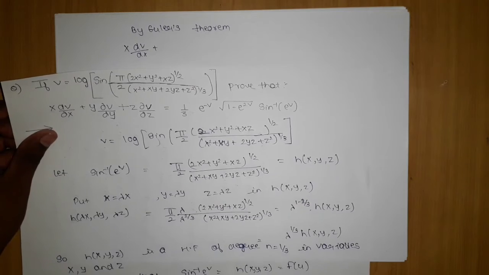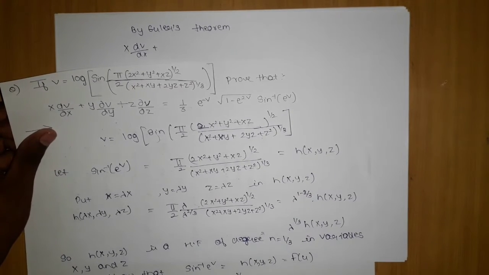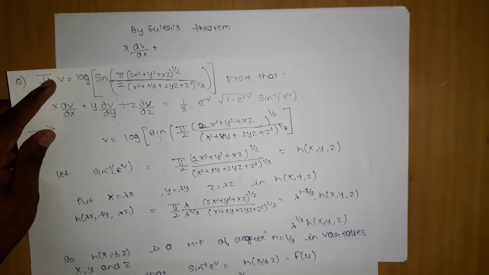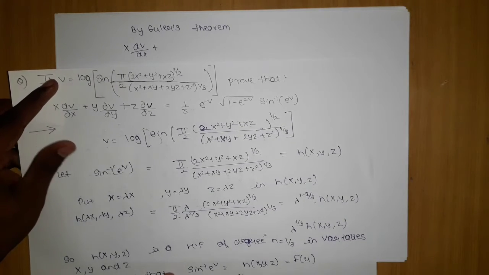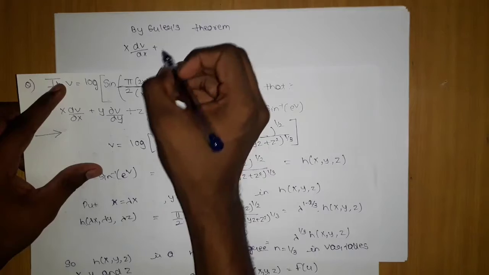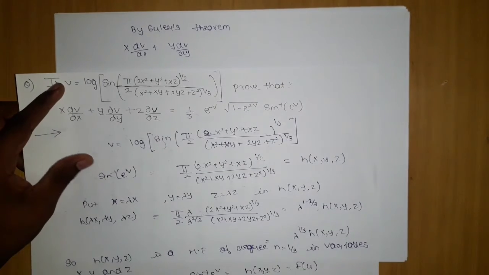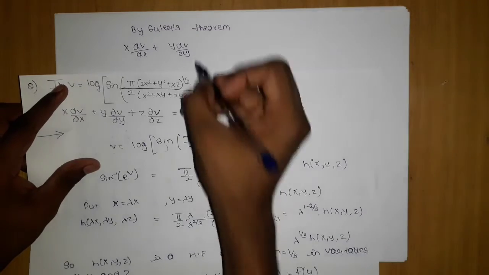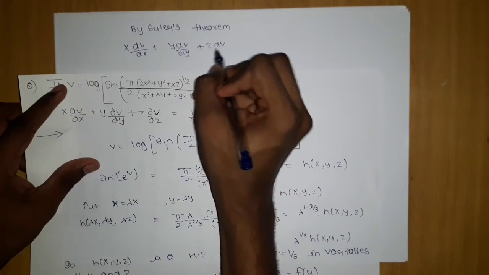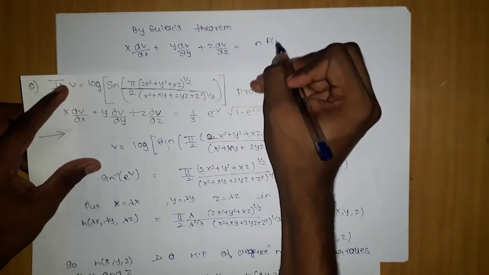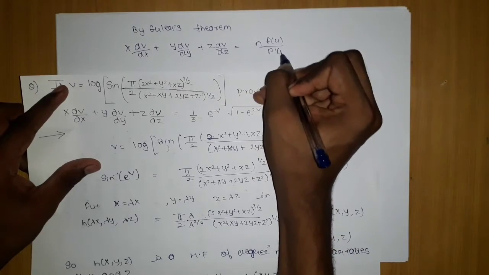This is nothing but, right, this entire function is ∂v/∂x. So we can write x ∂v/∂x plus y ∂v/∂y plus z ∂v/∂z equals n times f of u upon f dash u.